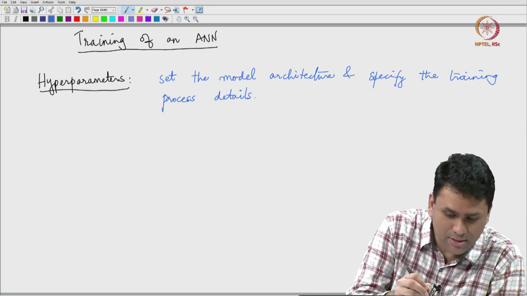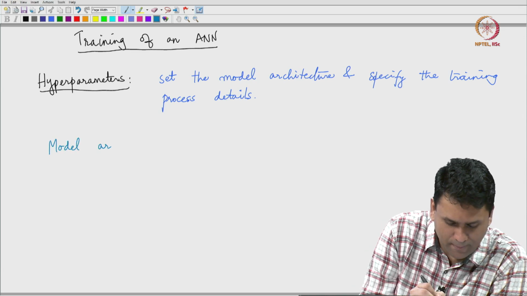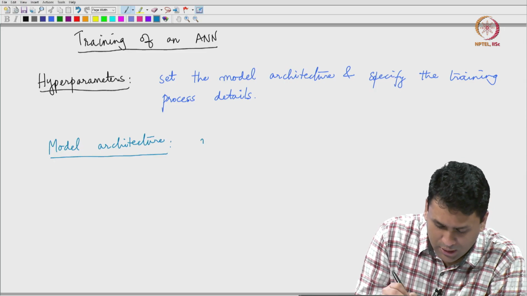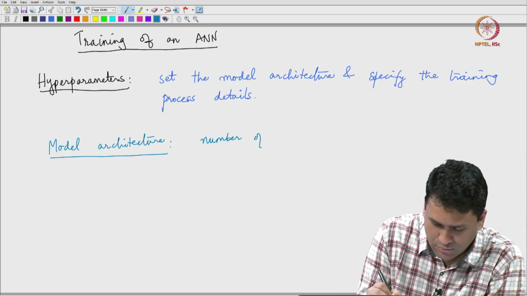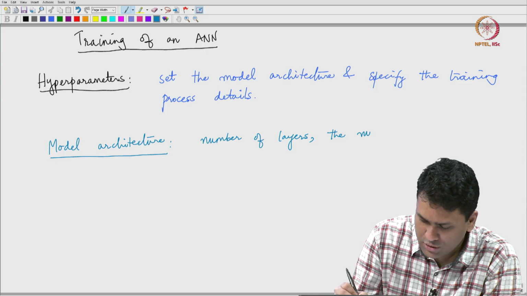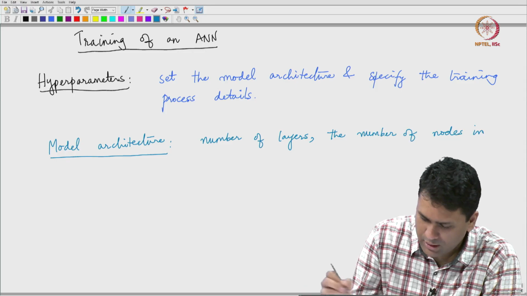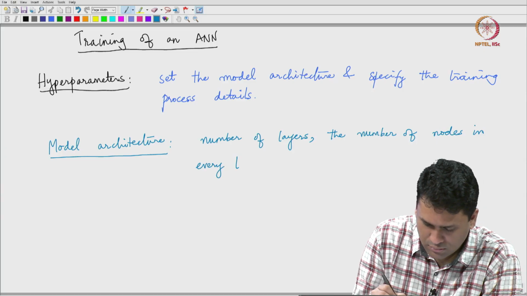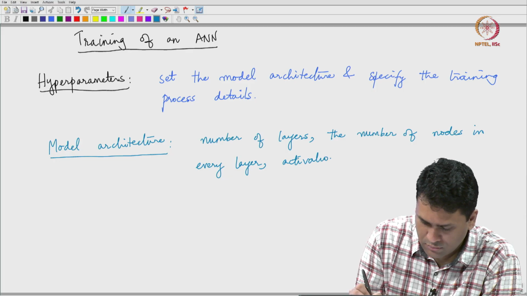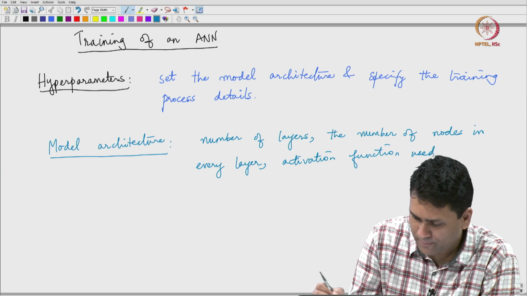In our case, the hyperparameters which set the model architecture include the number of layers, the number of nodes in every layer, and the activation function used in every layer.